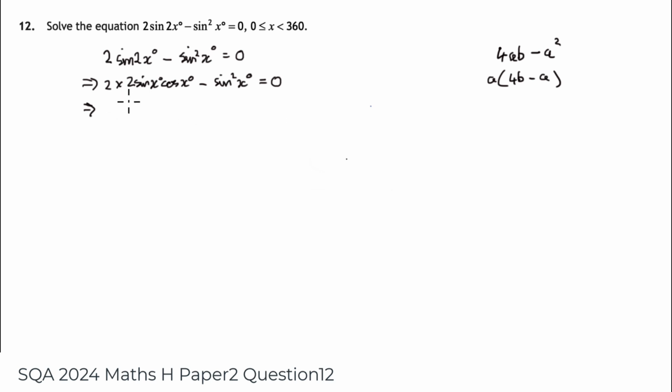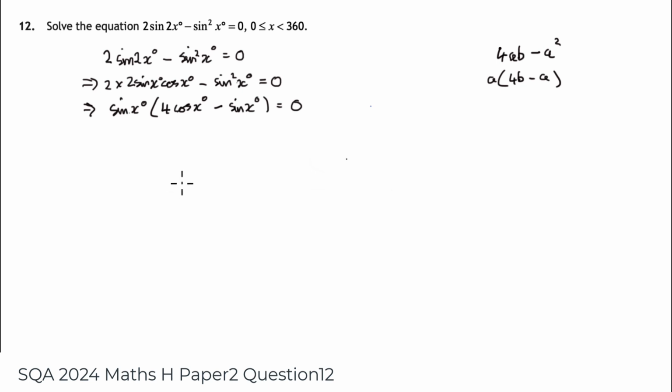So that's what's going on here, where instead of a, we're using sine x, and it leaves us with 4 cos x. And then taking sine x from that term would leave us sine x. You can multiply out and check that that factorisation is correct. Sine x times 4 cos x is 4 sine x cos x, minus sine x times sine x does give us sine squared x.